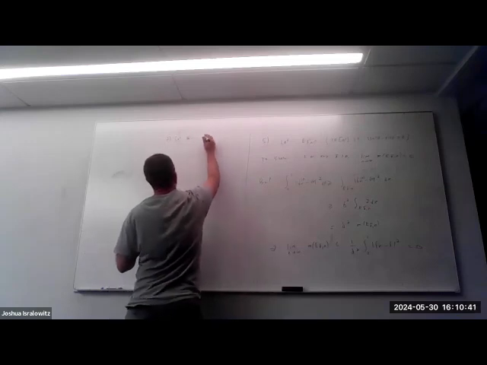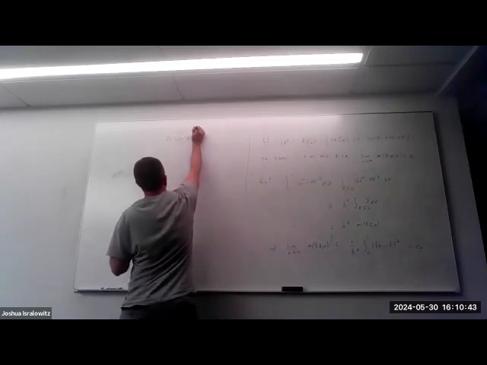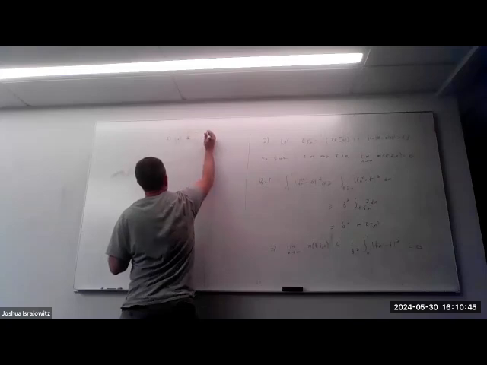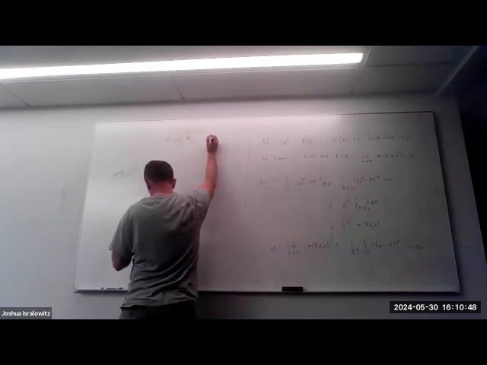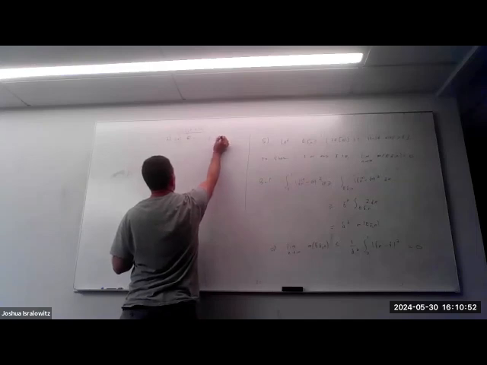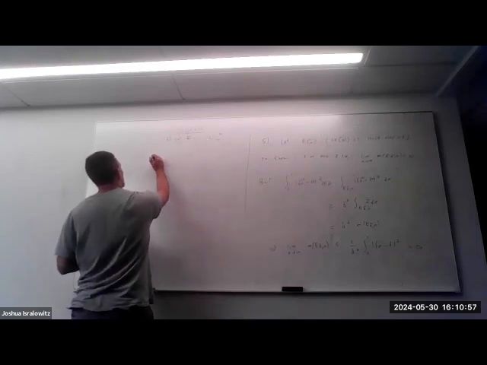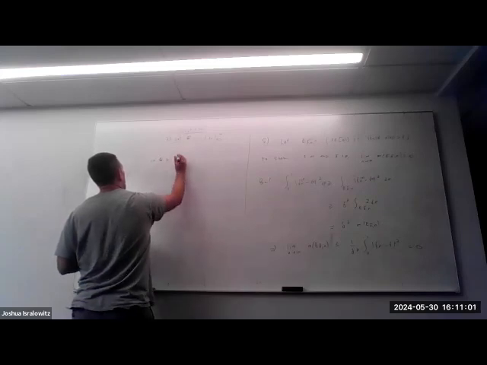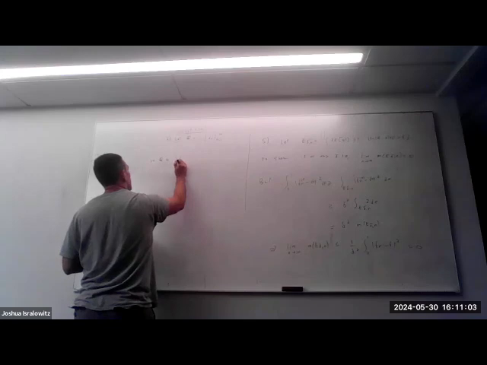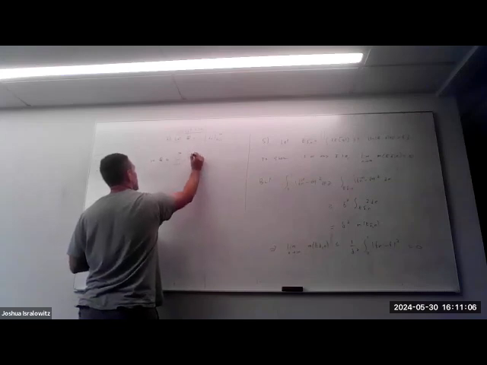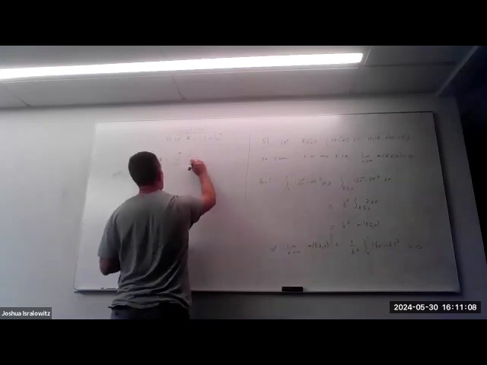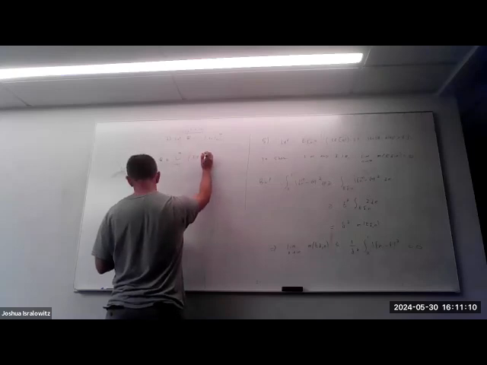So just say the rationals are enumerated as r_n. So you make this nice and small, so that it sums up to something less than epsilon.